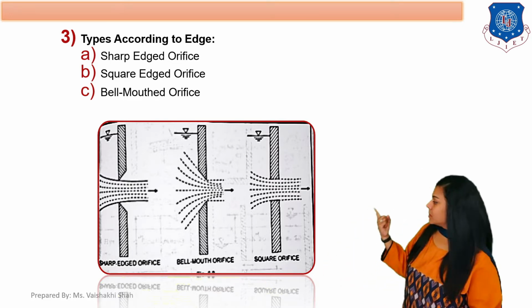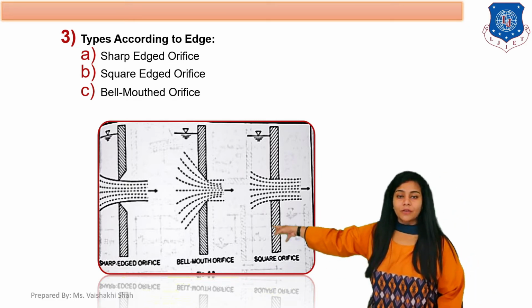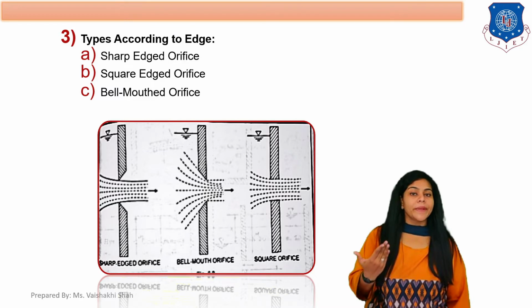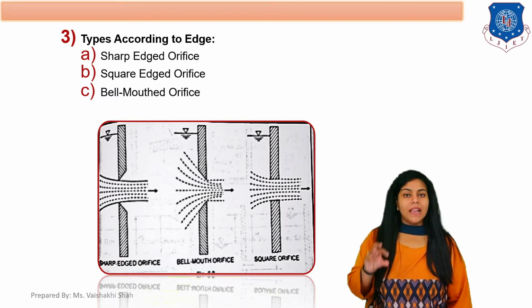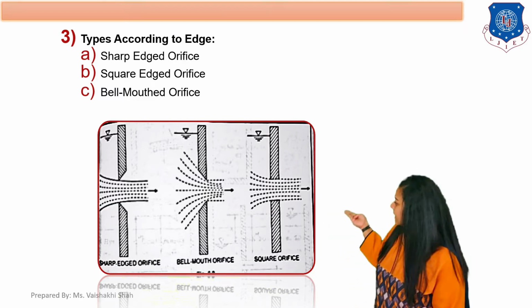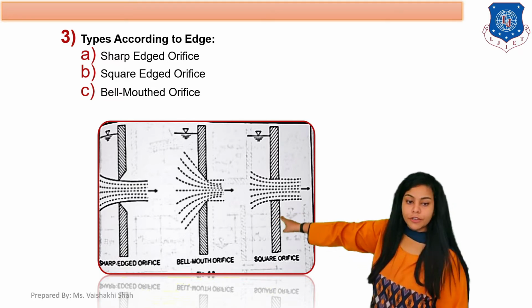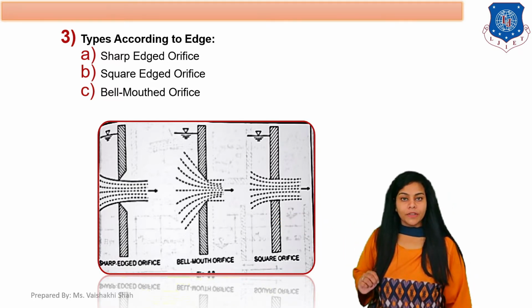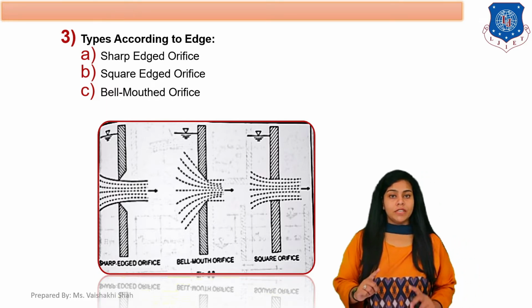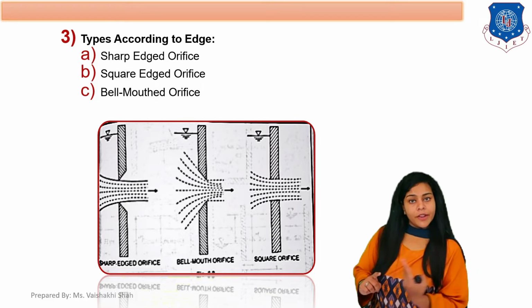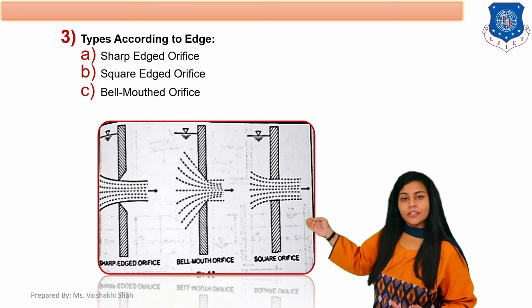Now second is the bell mouth orifice. It is the reverse of the sharp edge orifice. As you can clearly identify the difference between the sharp edged orifice and the bell mouth orifice, the plates are placed in reverse to the sharp edged orifice.